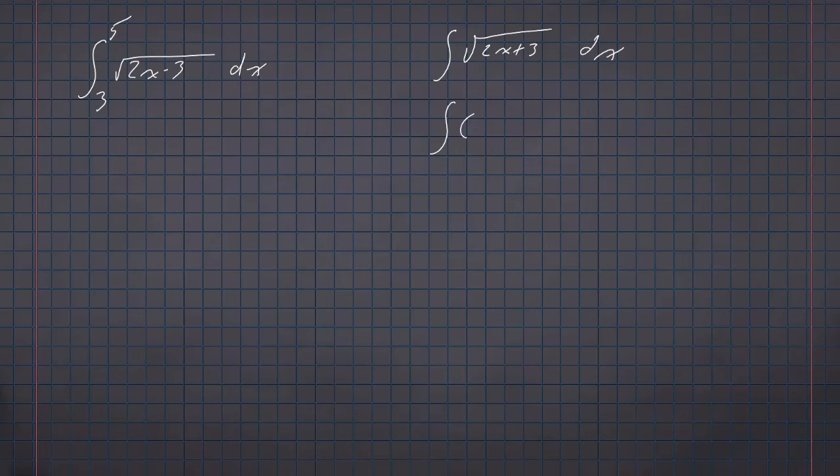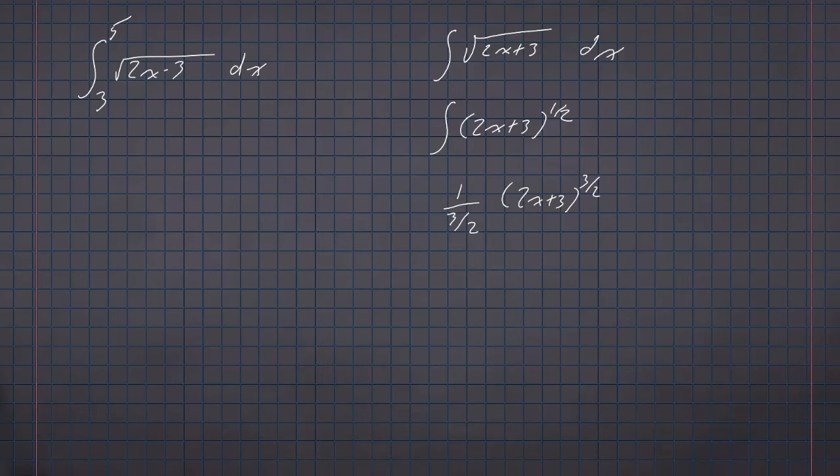Well, square root of 2x plus 3 is 2x plus 3 to the 1/2 power. Using the power rule, m is 1/2, so m plus 1 is 3/2. We should get something like 1 over 3/2 times 2x plus 3 to the 3/2 power.